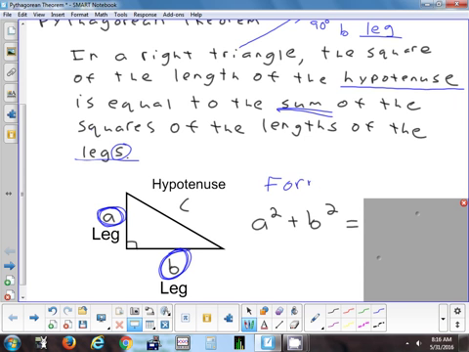Okay, I'm just going to write this down. So the formula for Pythagorean Theorem. And it says that that's equal to the square of the length of the hypotenuse. Okay? Kevin, what's the hypotenuse in that picture? What letter? C. And it says to take C and square it.